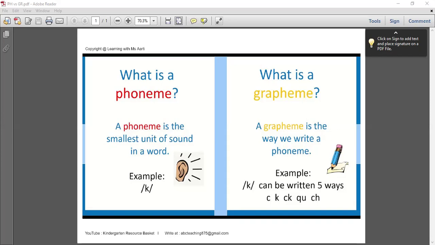I hope we are clear with these two terms because they are the main part of this program.